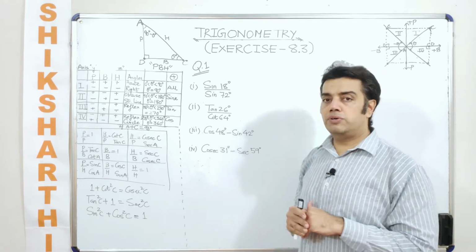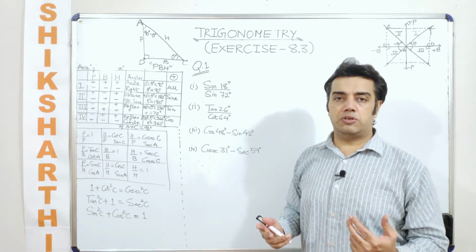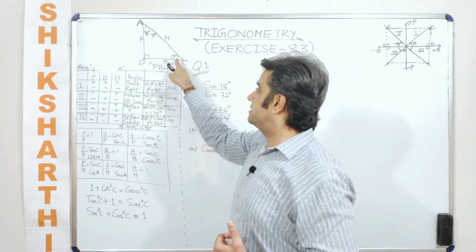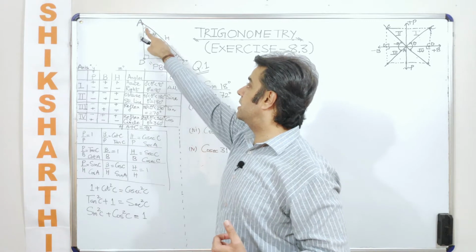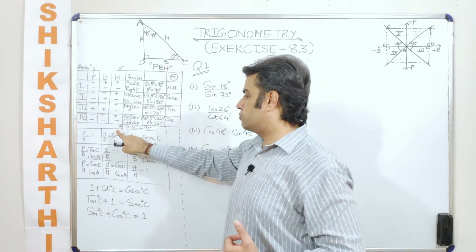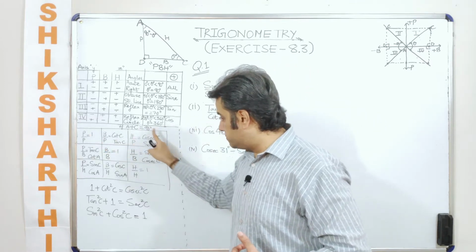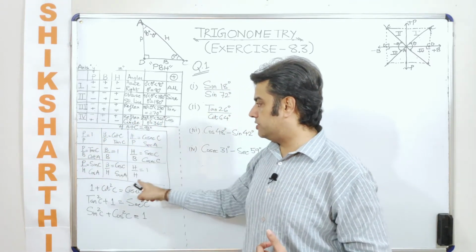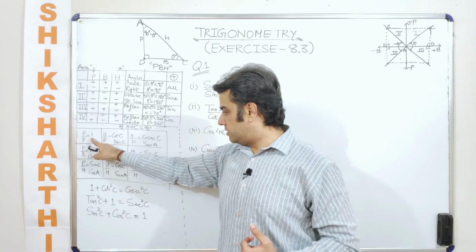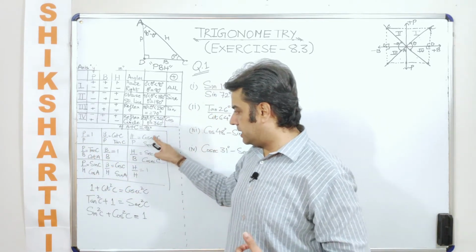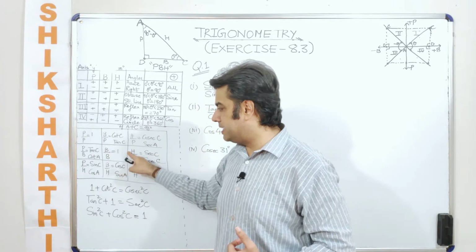What you are supposed to do after this is use the complementary angle concept. If I take a triangle ABC such that angles A and C are complementary to each other, we are saying A plus C is equal to 90 degrees. So use this PBH concept. Along one diagonal you are getting a 1, and along the other diagonal you are getting a 1 in the center.